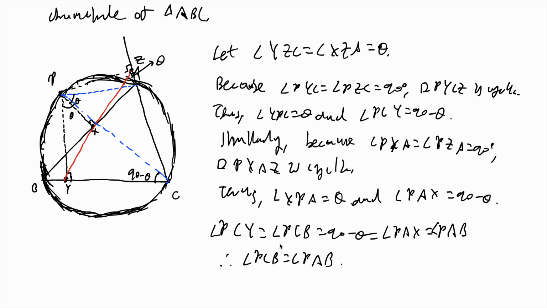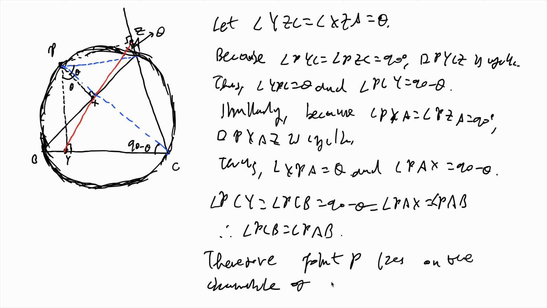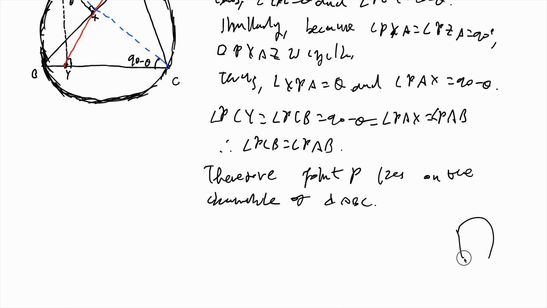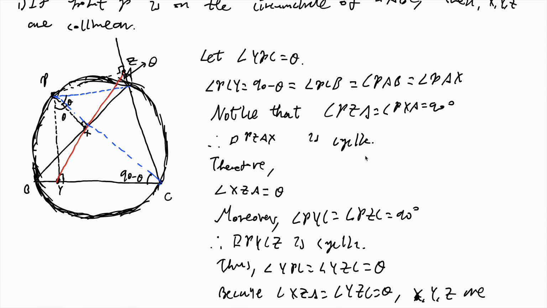Yeah, it is indeed the if and only if condition. So therefore, point P lies on the circle of triangle ABC. And that completes our proof. Nice. Yes.